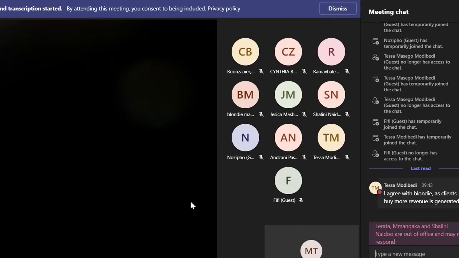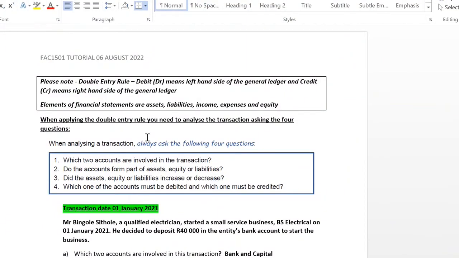So that debtors account or trade receivable account is going to increase. So if customers or clients come and buy from your business, either for cash or credit, your income will increase and your asset will increase.